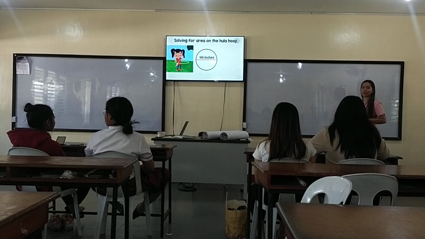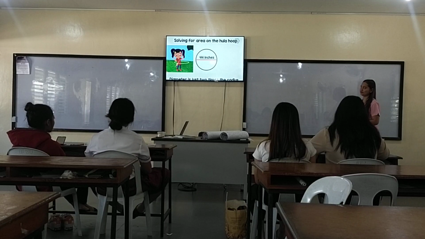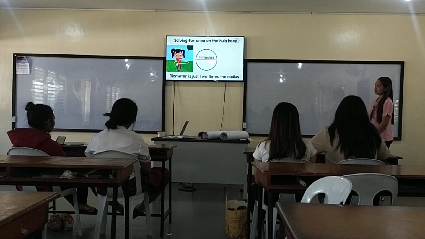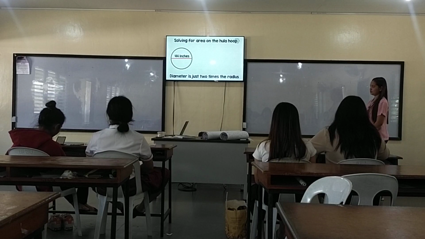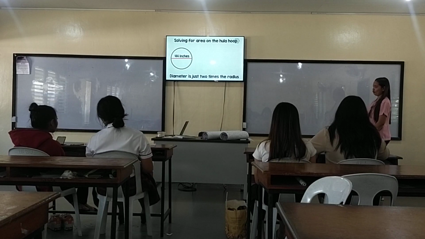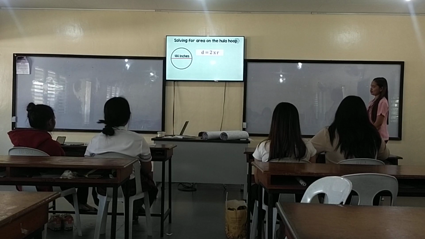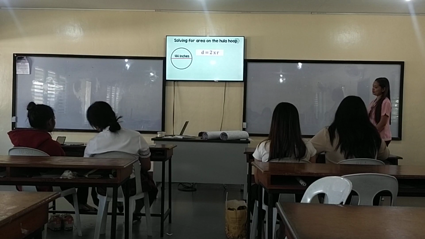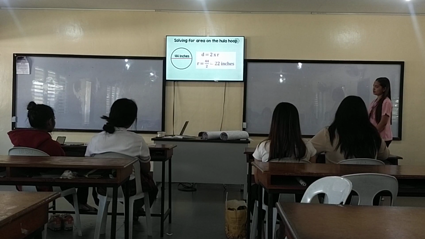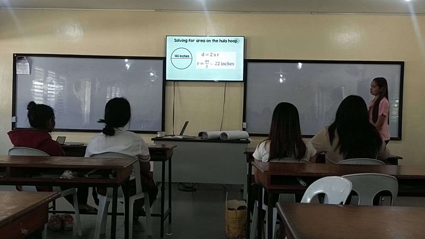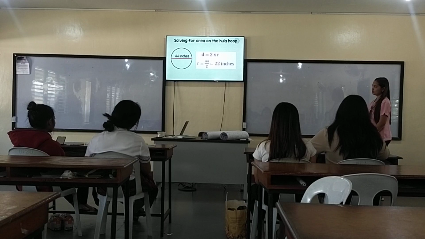Again, let's go back to the definition of the diameter. The diameter is just 2 times the radius. Therefore, to get the radius of the hula hoop, we need to divide the diameter by 2. So 44 divided by 2 is equal to, yes, 22. We now have a radius which is equal to 22 inches.